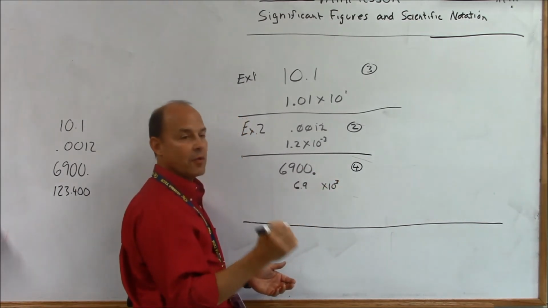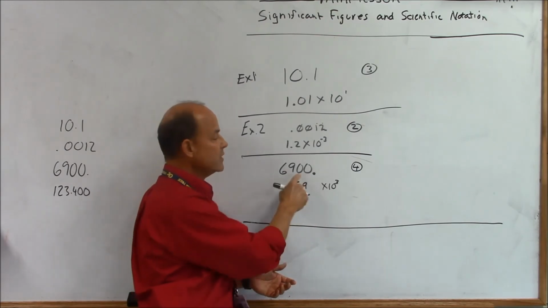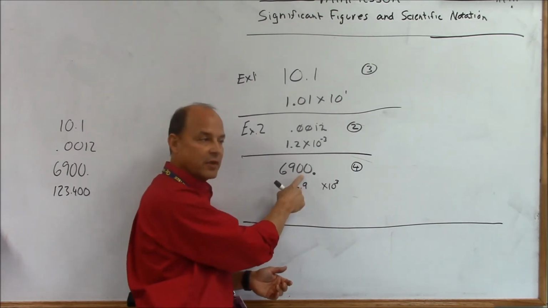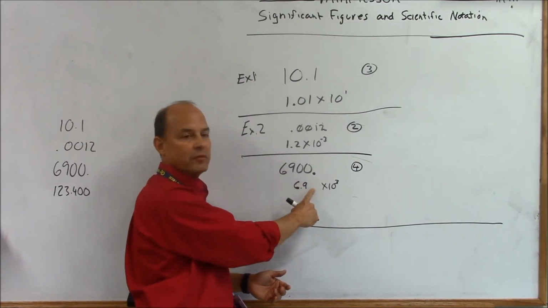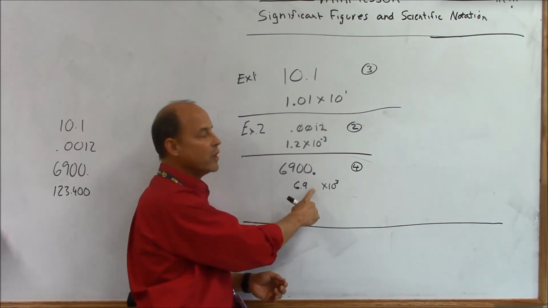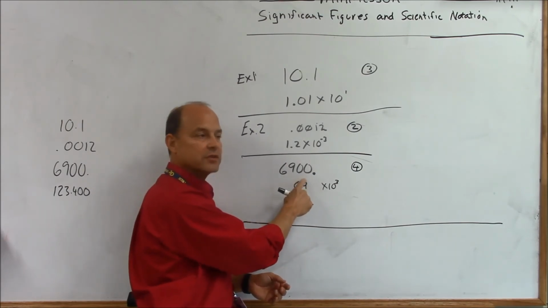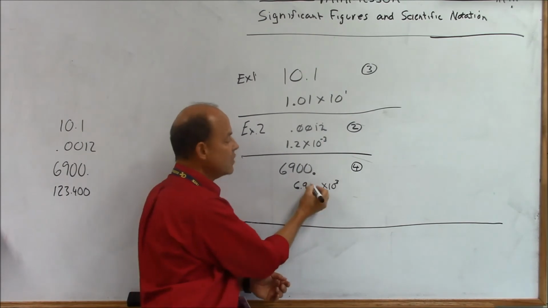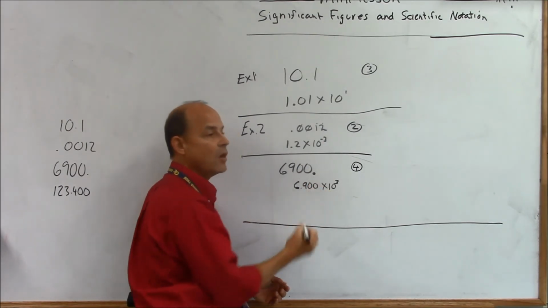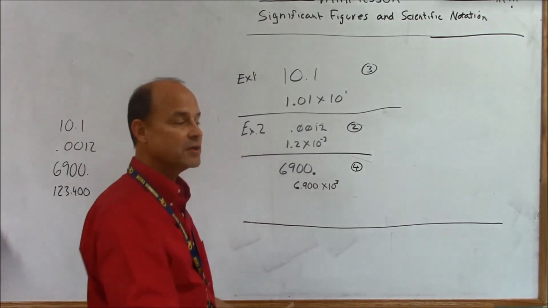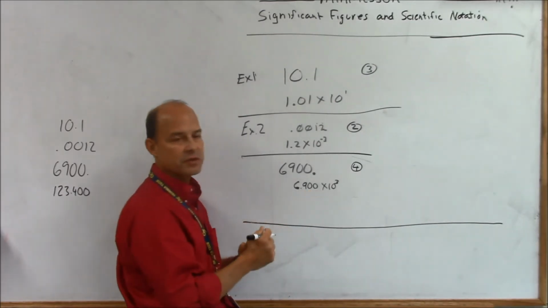Now, here's a problem. You said that there were 4 significant figures right here, but you just left off 2 of them when you wrote this. So when those numbers are shown as significant figures and you're converting it to scientific notation, you have to keep those numbers there, or else you wipe out the significance of their measurement. So you need to keep those zeros in there.